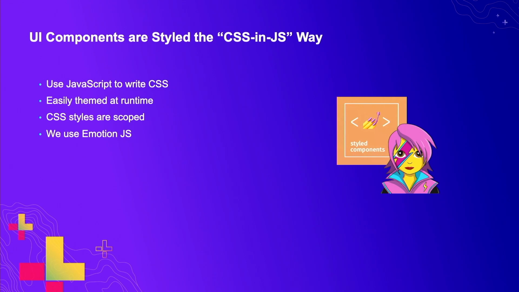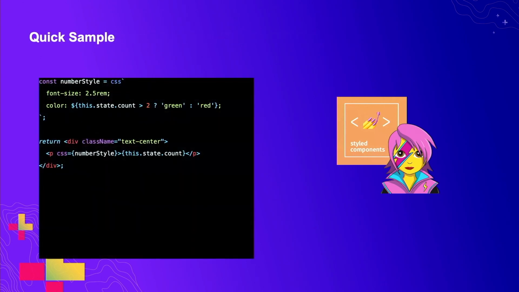Right, so let's take a quick look at how to use Emotion to add conditional CSS to your widget. In this code, at the top, we define a function that returns a CSS string that simply adds first a font size of 2.5 rem and a text color based on the current count value from the component's state.